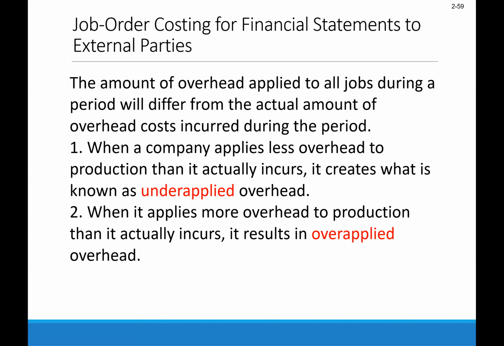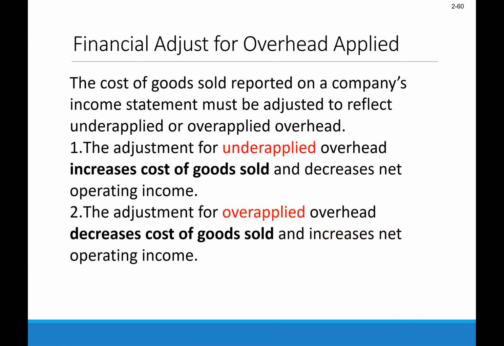And when it applies more overhead to production than it really incurs, then we've got overapplied overhead. The cost of goods sold reported on a company's income statement will be adjusted to reflect the underapplied or overapplied overhead.